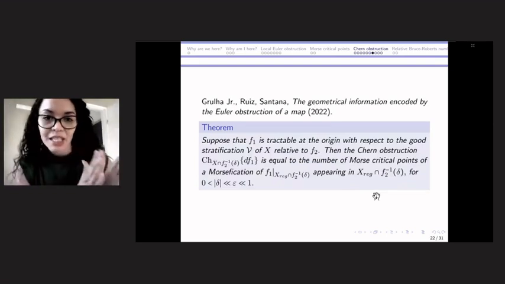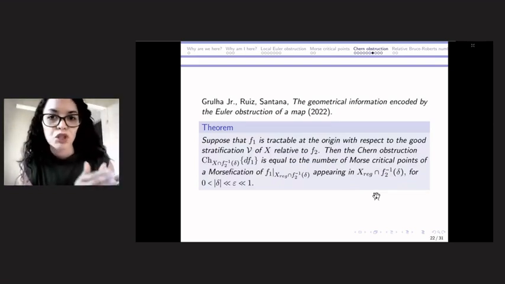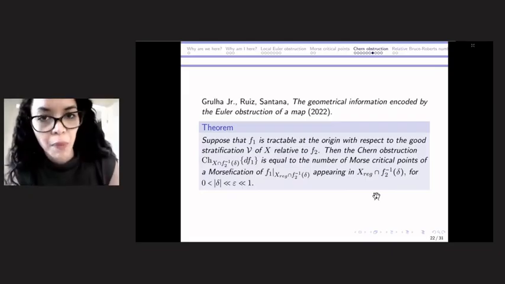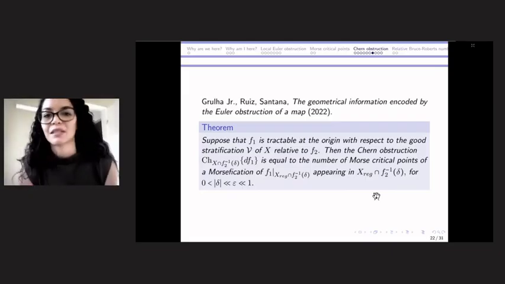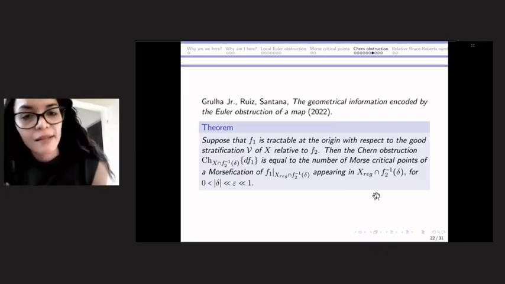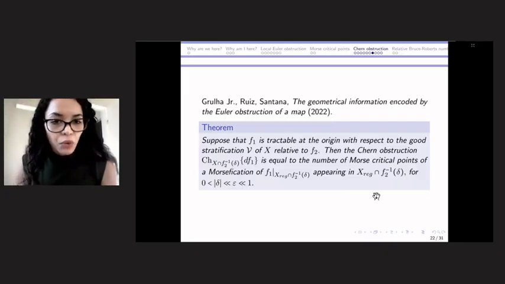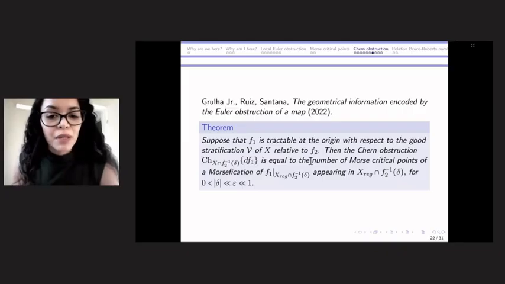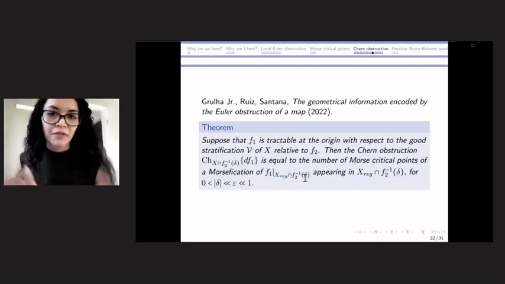So since the deformation that we do to produce non-degenerate special points is similar to the deformation we do to produce non-degenerate critical points, in 2022, Grulha, Camila Ruiz, and myself proved that the Chern obstruction of df1, this differential form in this space, is the number of Morse critical points of a morsification of the function f1 in the regular part of this space, so in the top stratum of the fiber.